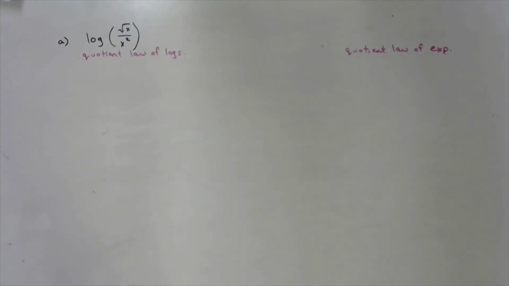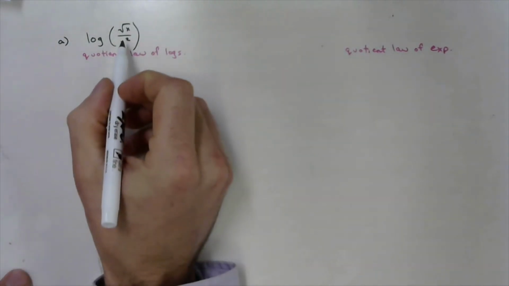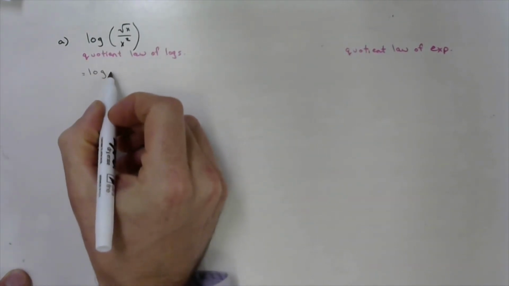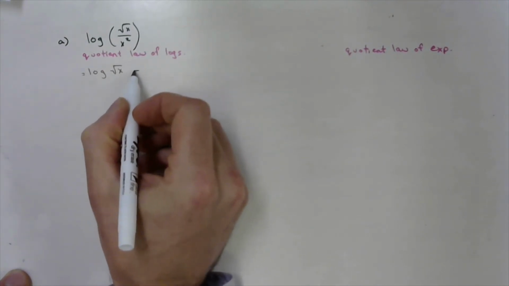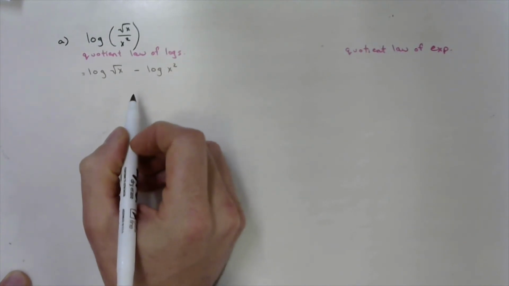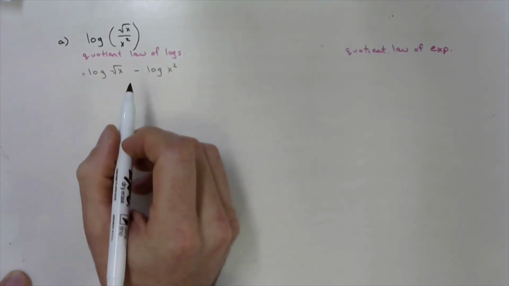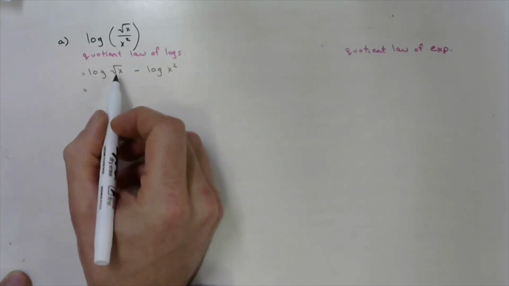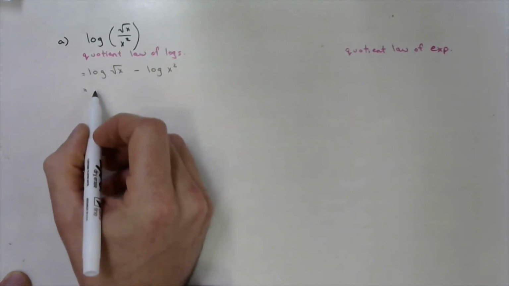So first, quotient law of logs. Basically what it says is that we can now take the log of radical x minus the log of x squared. And then we can simplify. We can change this radical into x to the power of 1/2.